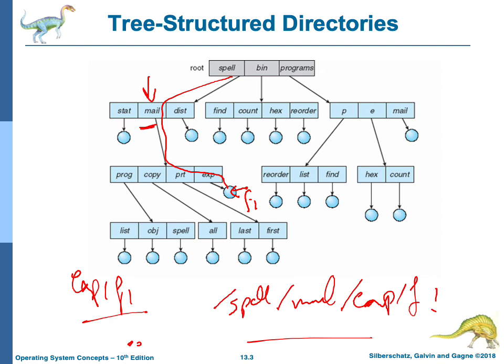And so if the current directory is, for instance, prog, then to represent F1, we can go dot dot slash, and then exp slash F1, right? So we're going back one level, and then we're going into the directory that has the file that we're looking for. Okay.